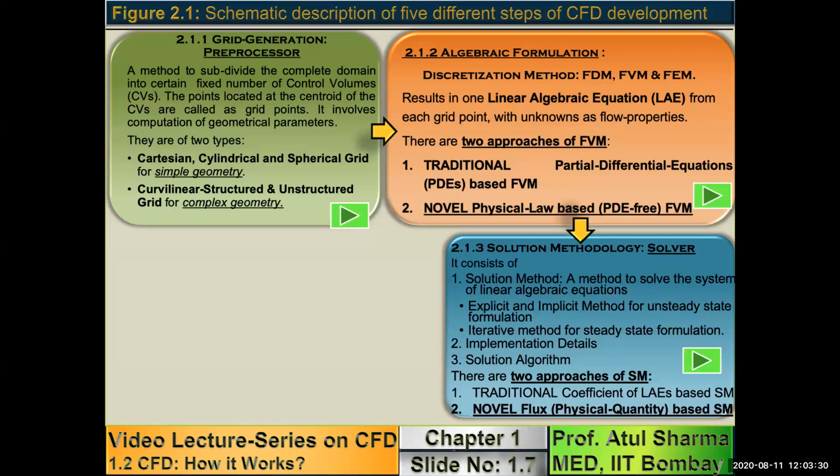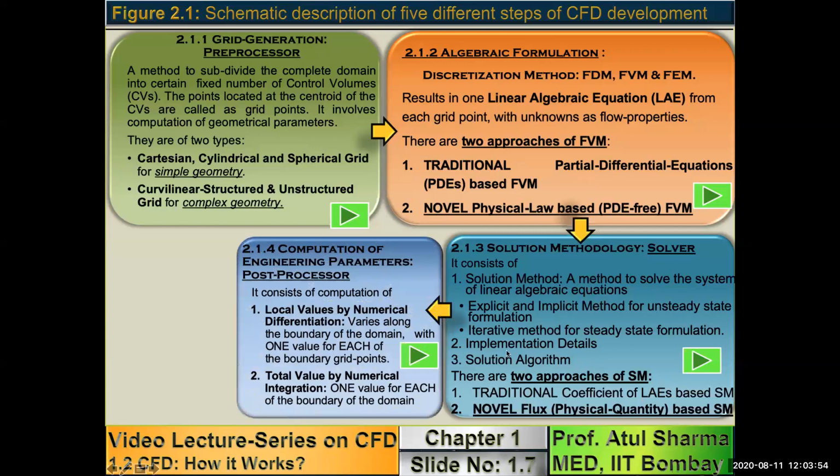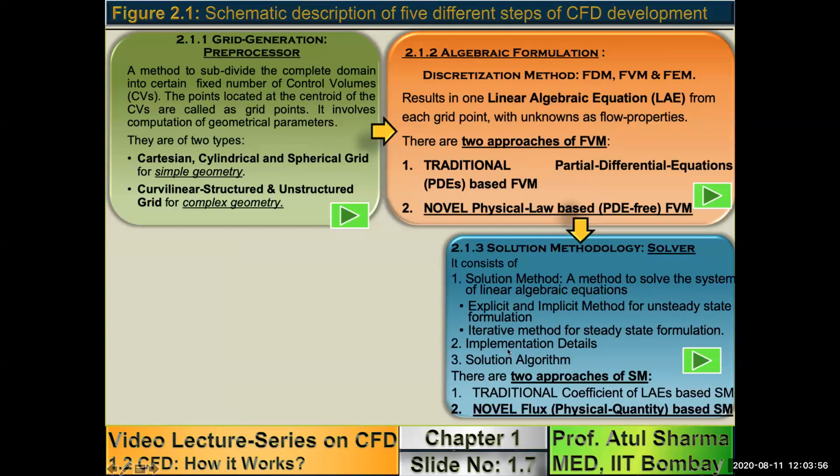Similarly, if we want to learn to develop CFD software, it's extremely important that along with the solution method, you are provided the nuts and bolts needed to develop this software, which in computational development consists of data structure and the loops.